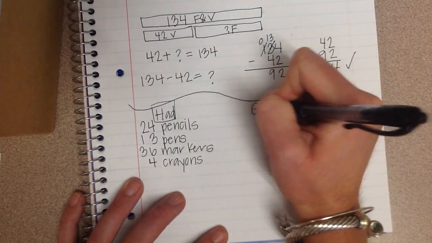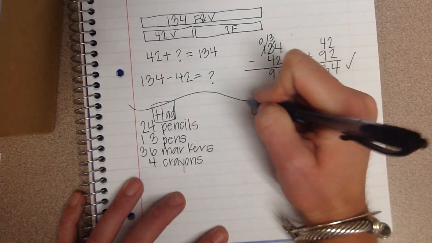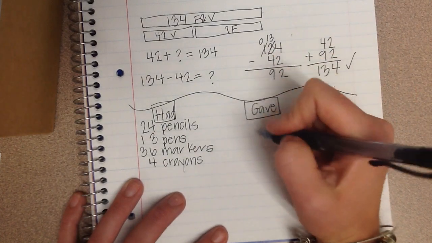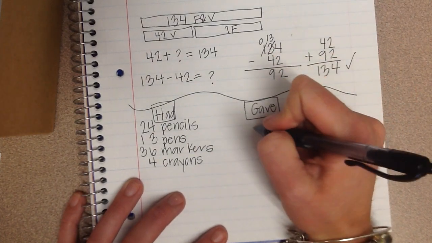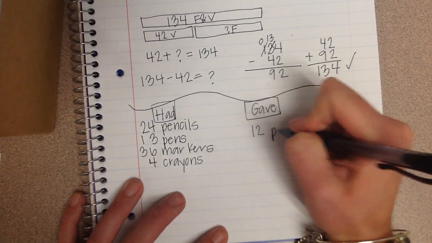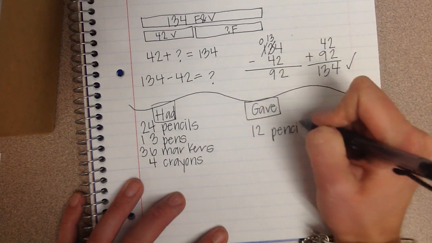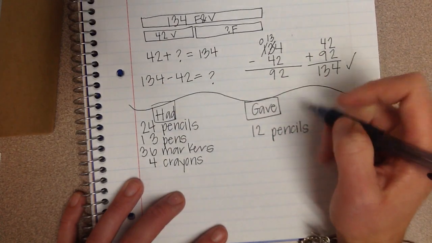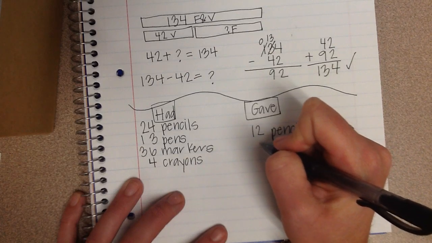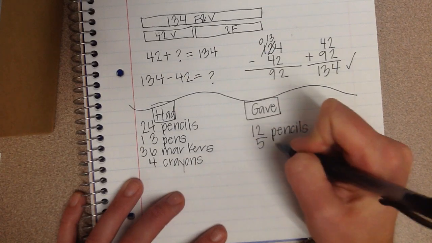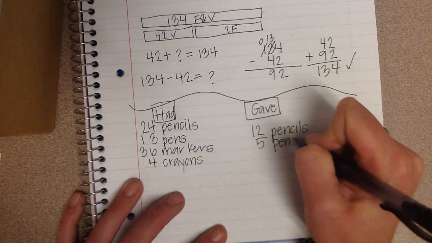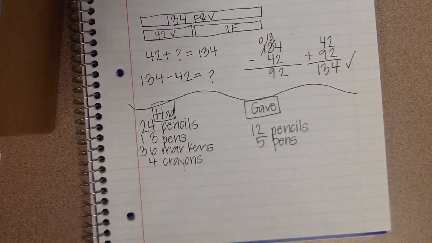He gave away 12 pencils, and 5 pens. How many writing utensils does he have left?